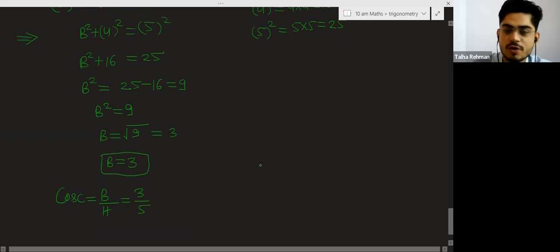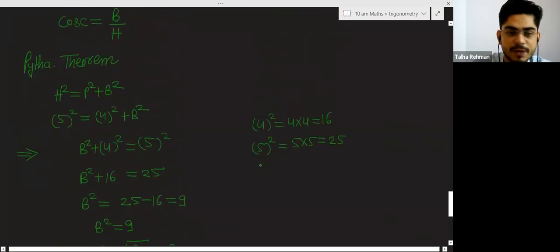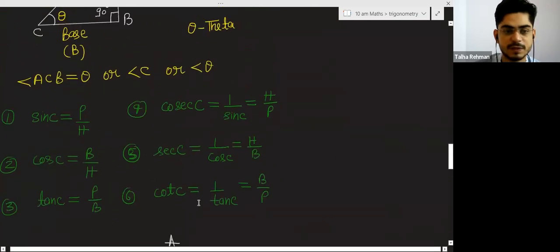And also now we can find tan C. Perpendicular divided by hypotenuse. Oh, sorry, not hypotenuse. Perpendicular divided by base. Tan C is perpendicular divided by base.